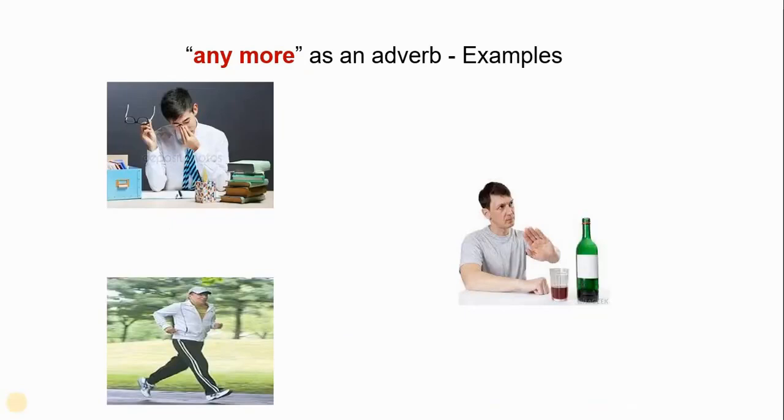Anymore as an adverb. Mike is tired. He's not studying anymore. So this is Mike, a student. He was studying a few minutes ago, but now he's tired and he's not studying anymore.